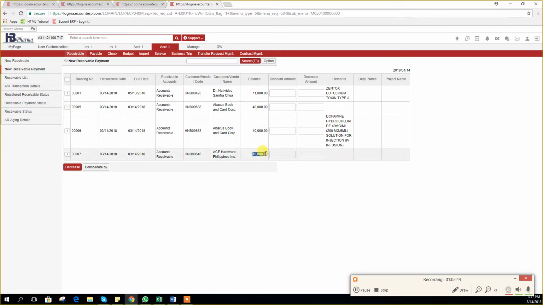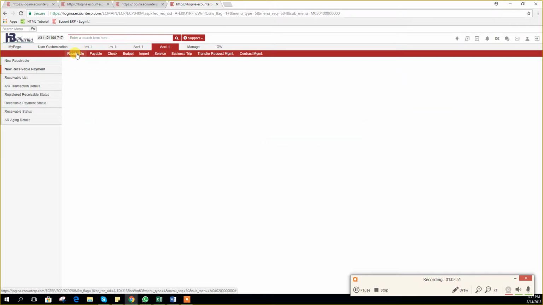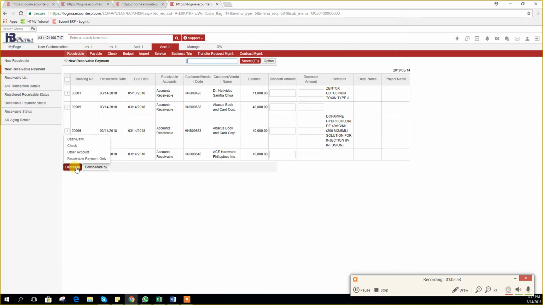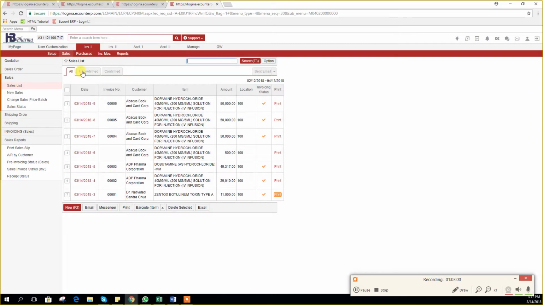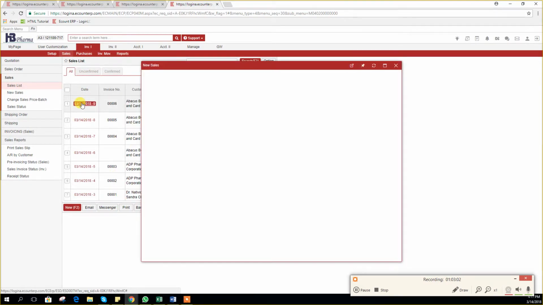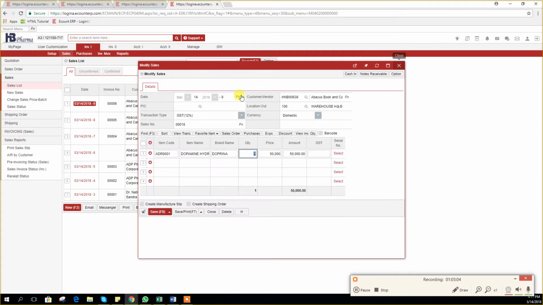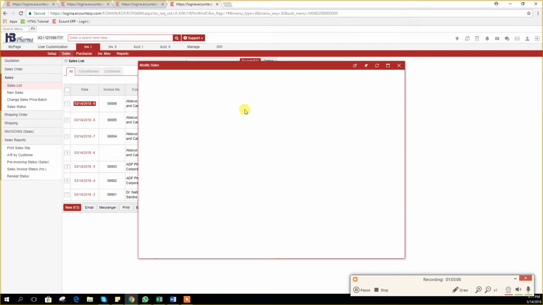So what is going to happen to this other 100,000 here, right? So now receivable. No, okay, so now sales. But you can still combine. So now, you duplicate this.